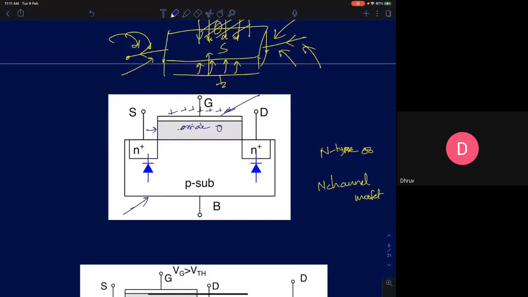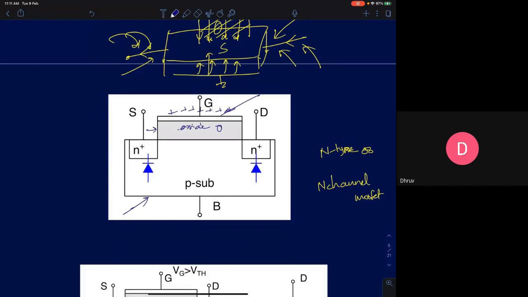You can speak in terms of the number of carriers available for conduction. Yes, the number of carriers available for conduction distinguishes them. For an insulator, it will be several orders smaller than for a semiconductor, and for a conductor, the number of carriers available for conduction will be several orders more than the semiconductor. That's what we discussed before.